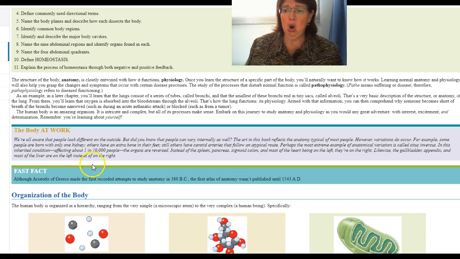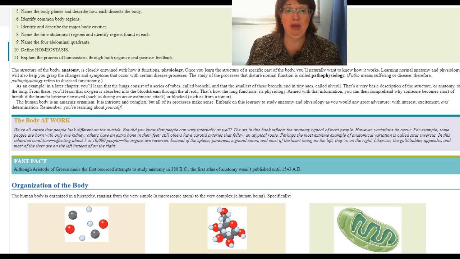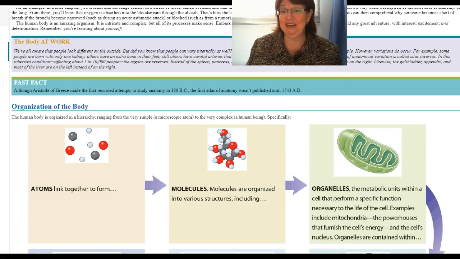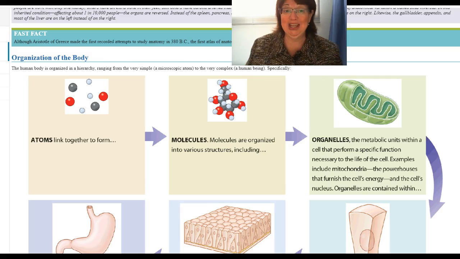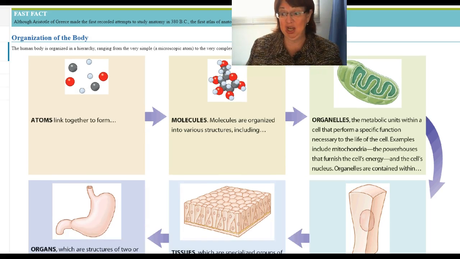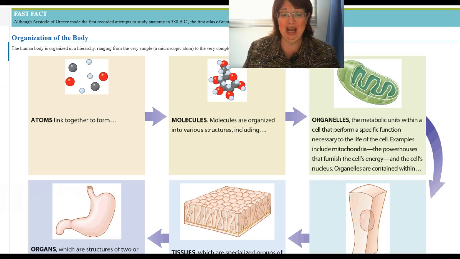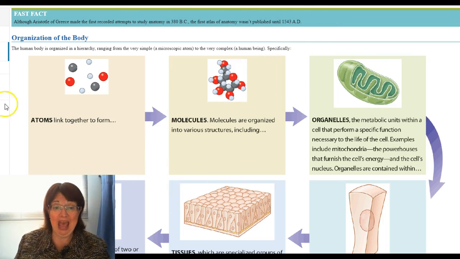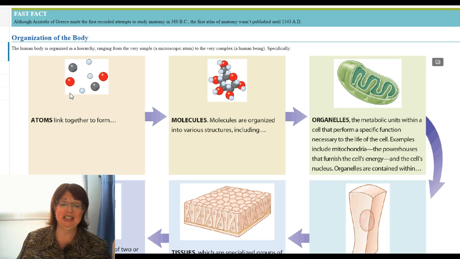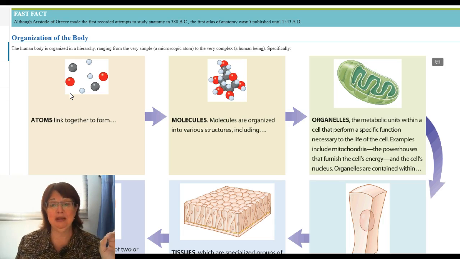Now, organization. The body at work is fascinating. There's all sorts of art books about it. It's been studied for years at different levels. So let's look at what's called the organization of the body. Now, the body is made up of atoms. Atoms are the smallest unit of matter.